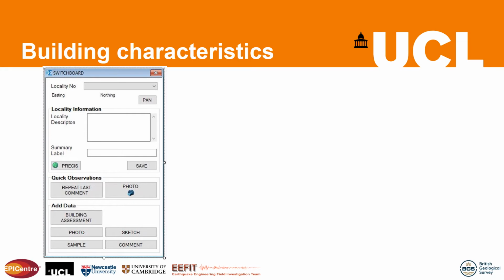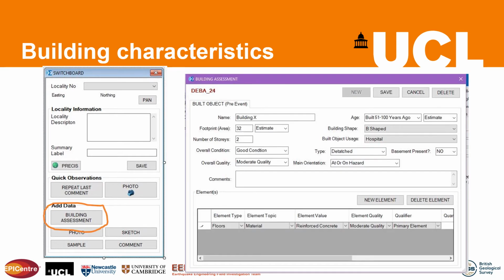So this is the front end when you create your point. And again, you have the date and time stamp, the easting and northing, and then a description you can enter. And we've got this building assessment tool or table, and that opens up this form where you can collect information about the building, anything about the age, its footprint, the number of stories, the condition of the building.